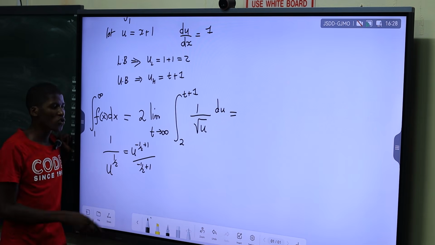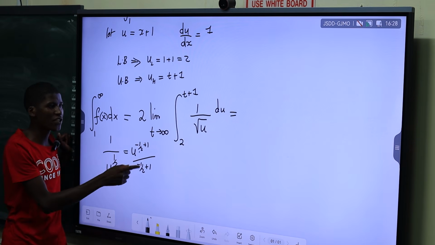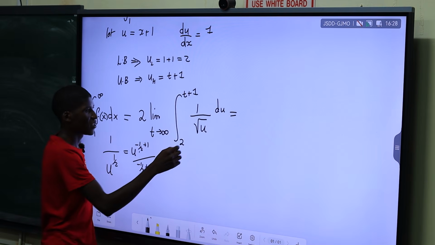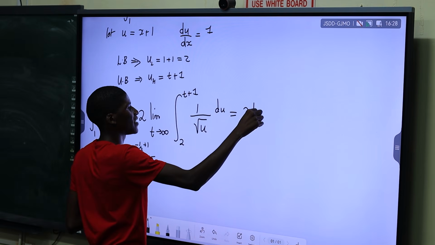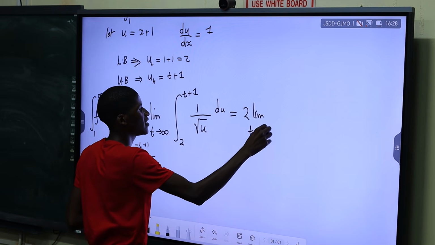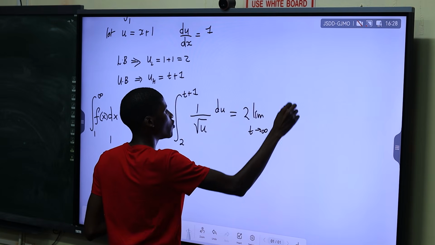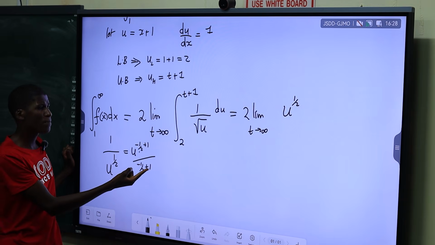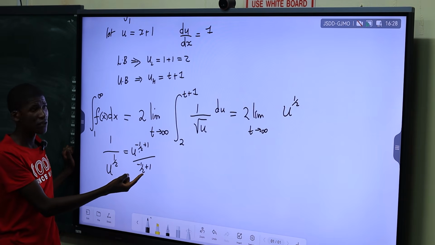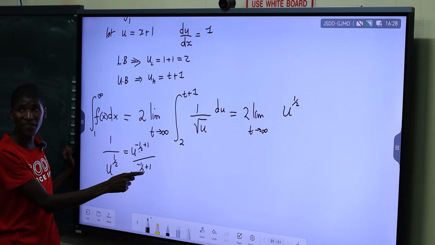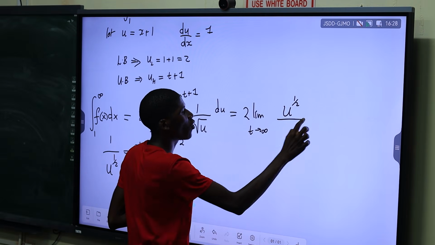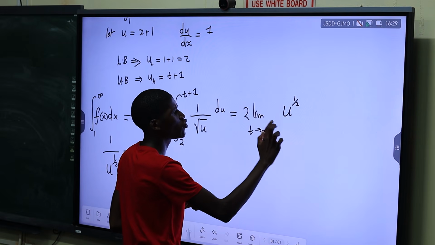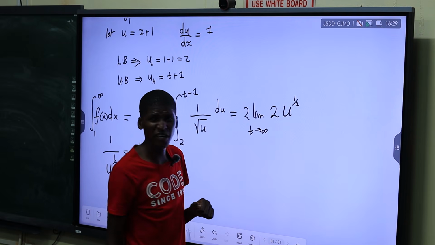So u to the power of minus half plus 1 gives u to the power of half. So this will be 2 times the limit as t goes to infinity of u to the power of 1 over 2 over minus half plus 1, which is positive half. So this is over 1 over 2, which is the same thing as writing 2u to the power of 1 over 2.